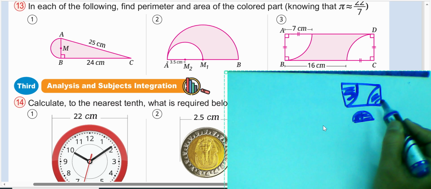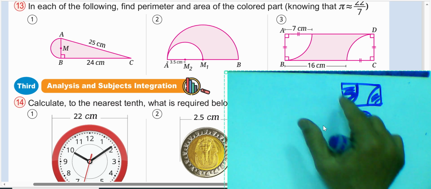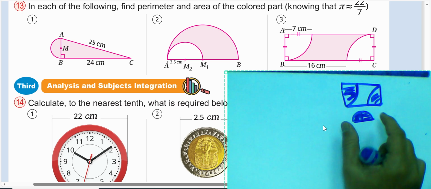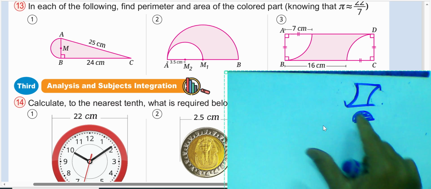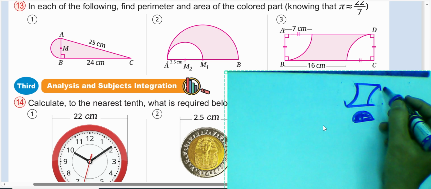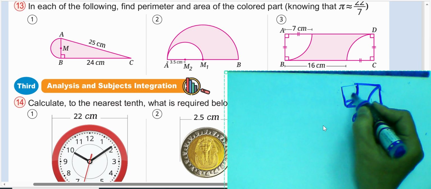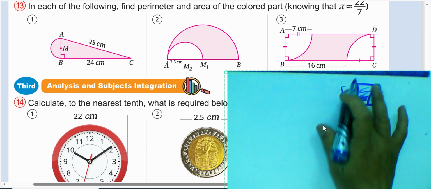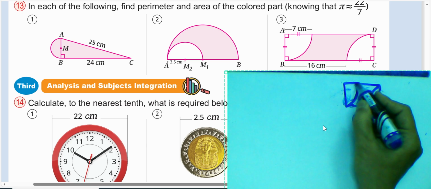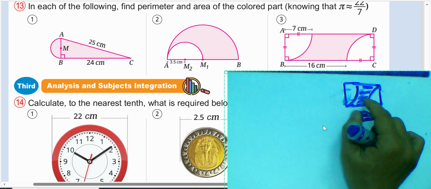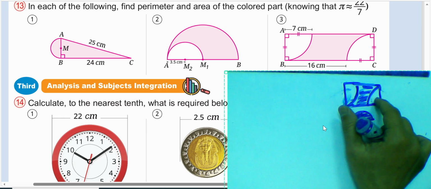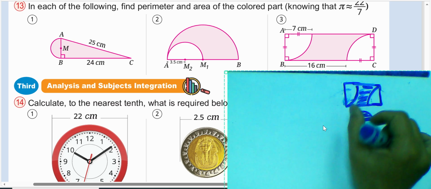Then the area of the colored part, we can find the area of the rectangle and the area of a half circle, and then find the difference. If we cancel this part and this part, it means we cancel half of a circle. So to find the area of the colored part, you must find the area of the rectangle and the area of the half circle, and find the difference.